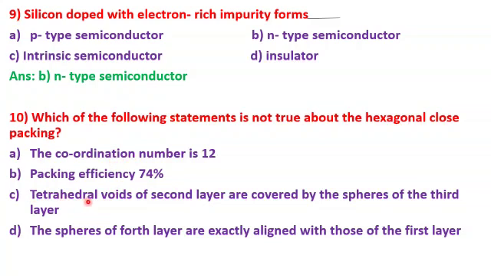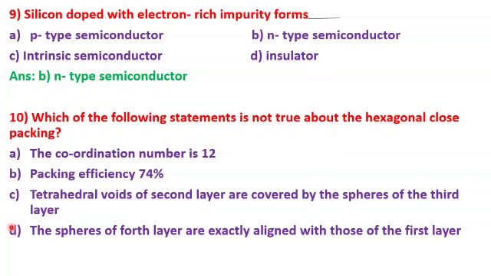C, tetrahedral voids of second layer are covered by the spheres of the third layer. Here you have to consider the structure of hexagonal close packing. If you observe the structure, you will find that tetrahedral voids of the second layer are covered by the spheres of the third layer. It holds good, it is true.